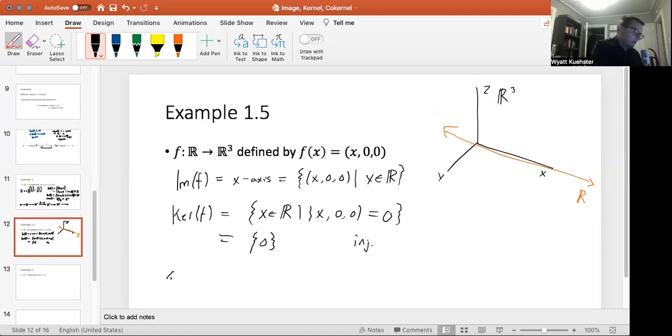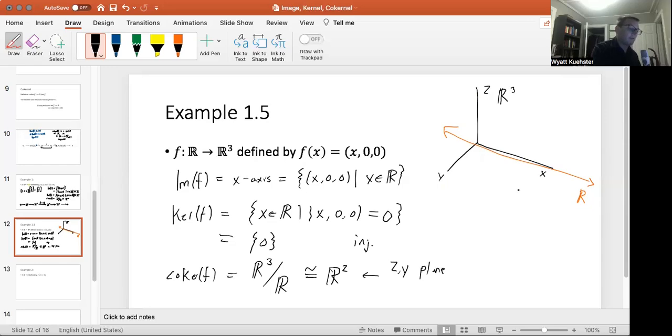And then the cokernel, what's the cokernel? The cokernel of f is the codomain, which is R^3, divided by the image, which is R. So it's isomorphic to R^2. And this is the YZ plane.